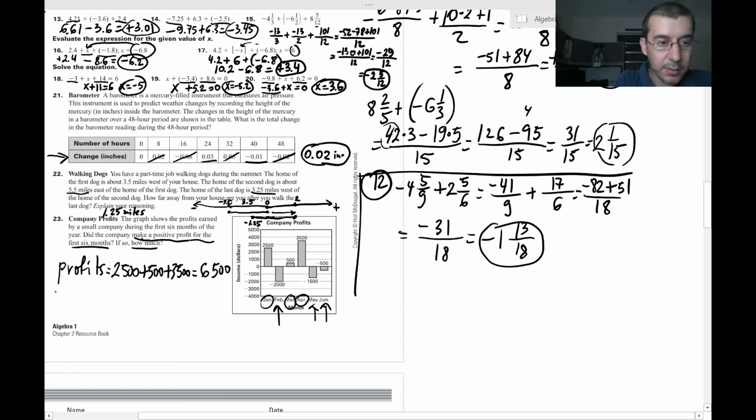And then losses at negative 2,000, negative 1,500, negative 500. Negative 1,500 and negative 500, that's negative 2,000, and negative 2,000, that's negative 4,000. And did the company make positive profit? Yes. And how much? 6,500 minus 4,000 is $2,500.